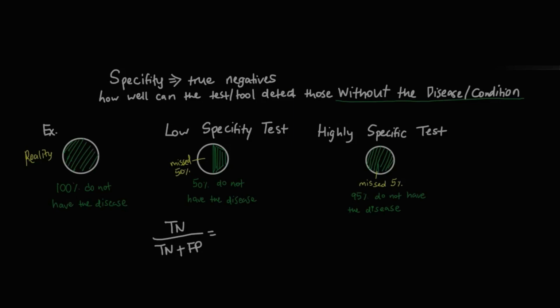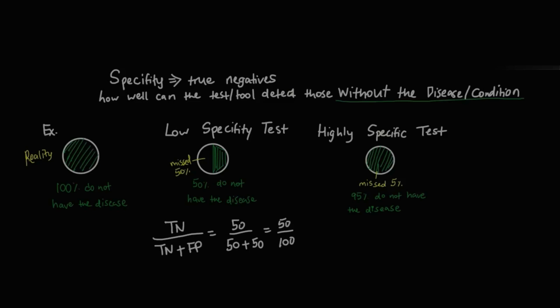In our low specificity example, the true negative is 50 because 50 out of the 100 tested negative, and in reality, they also do not have the disease. Meanwhile, the false positive will also be 50 because 50 out of the 100 tested positive, when in reality, they do not have the disease. So we get 50 over 100. Our specificity rate is 50%.